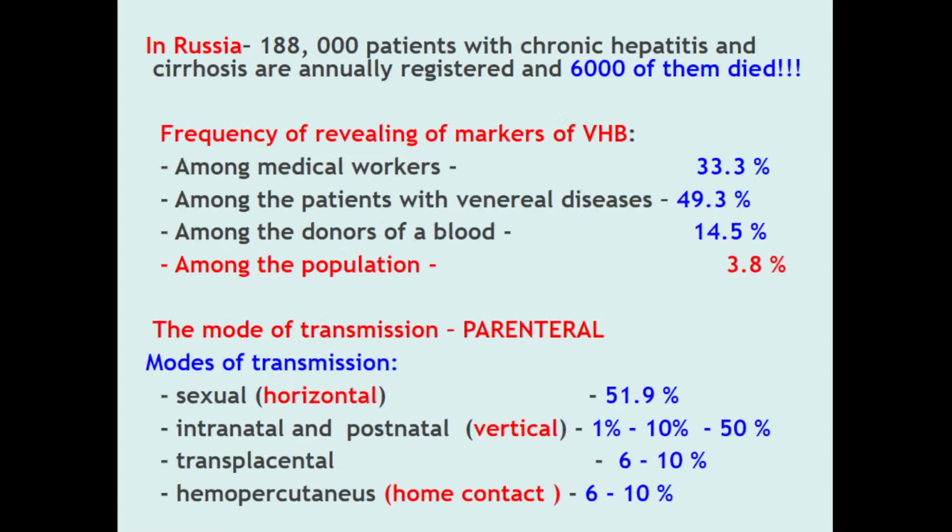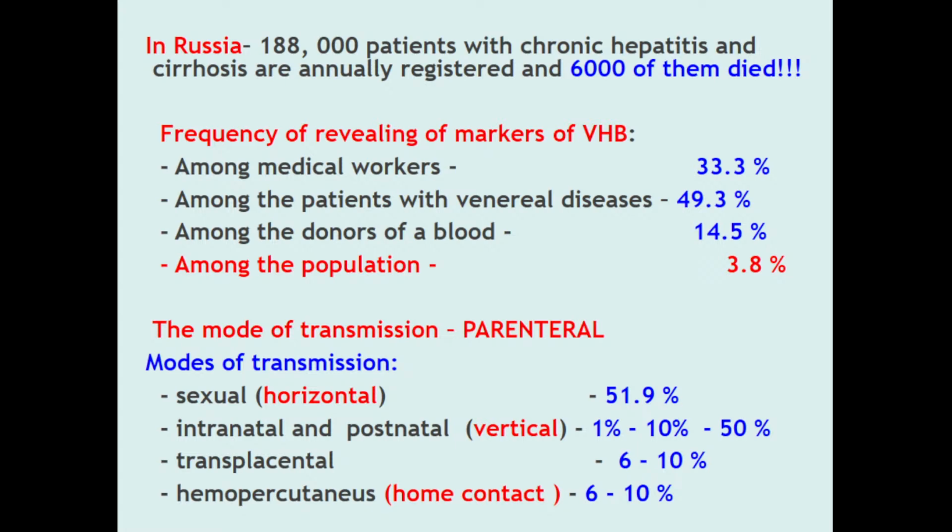In Russia, 188,000 patients with chronic hepatitis and cirrhosis are annually registered, and 6,000 of them died. Frequency of revealing of markers of hepatitis B virus: among medical workers, 33%, among patients with venereal disease, 49%, among donors of blood, 14%, among the population, 3.8%. Mode of transmission, parenteral.